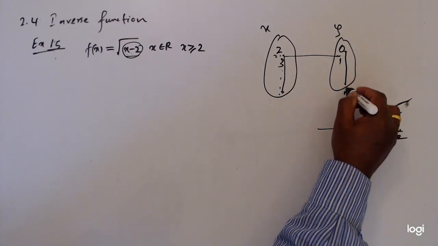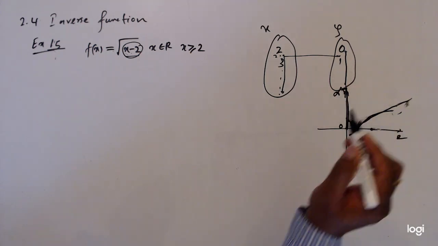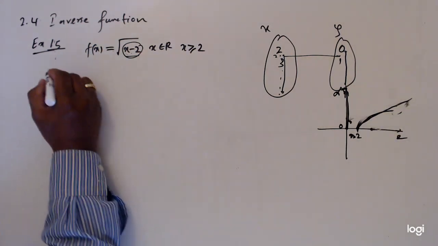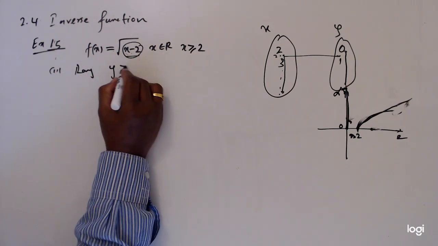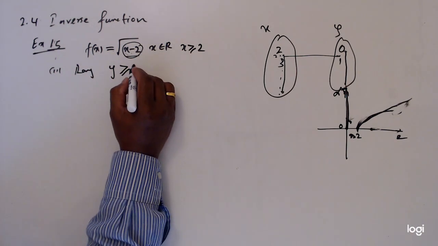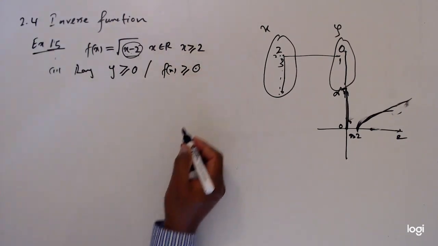So this is the y range. The minimum is 0, the maximum is infinity. Now the range is going to be y greater than or equal to 0, or you can write f(x) is greater than or equal to 0.